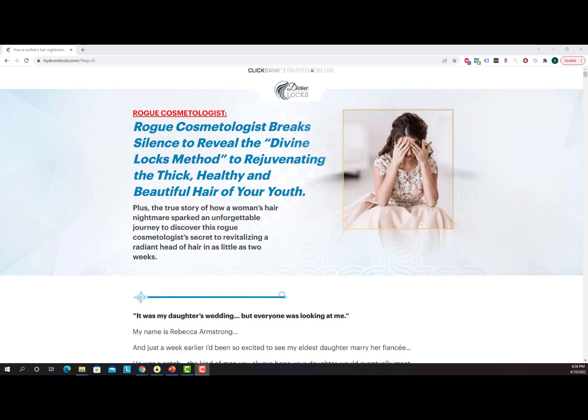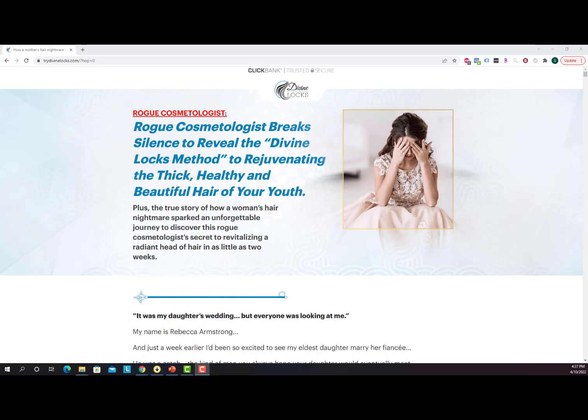The main character of the story meets an expert. The expert describes the unique mechanism behind the problem, thinning, unhealthy hair, and then provides the unique solution, followed by the product reveal, which is a hair supplement with a variety of ingredients. And then you close with a variety of tactics to get the sale.